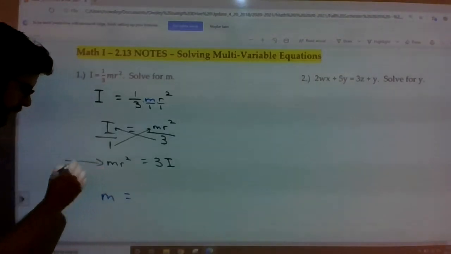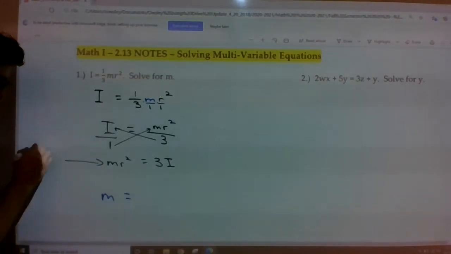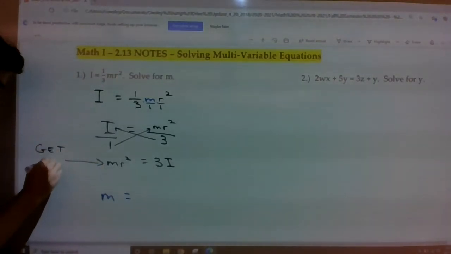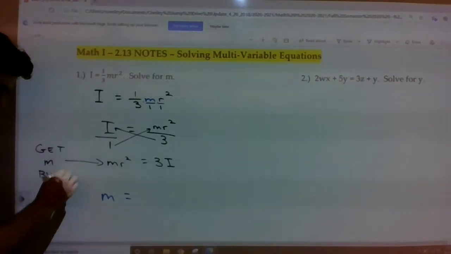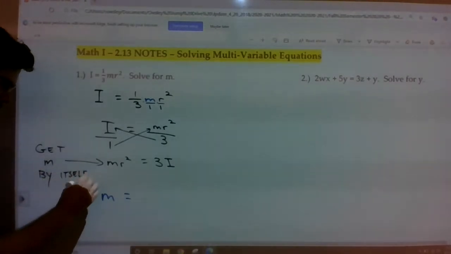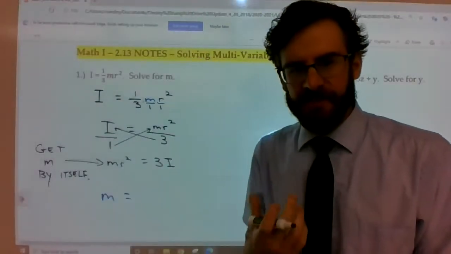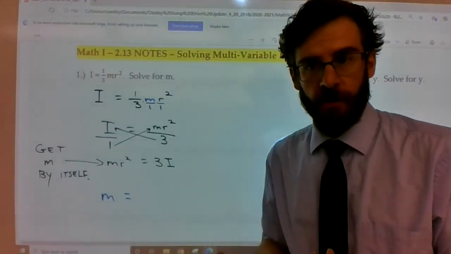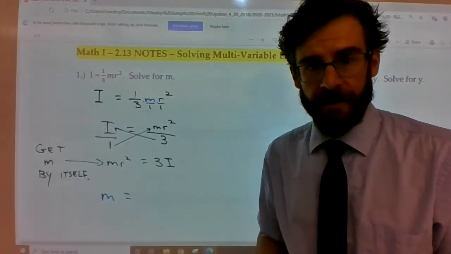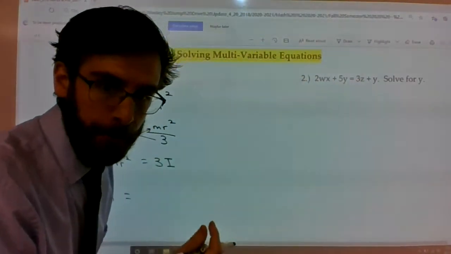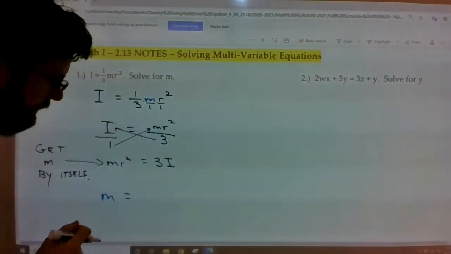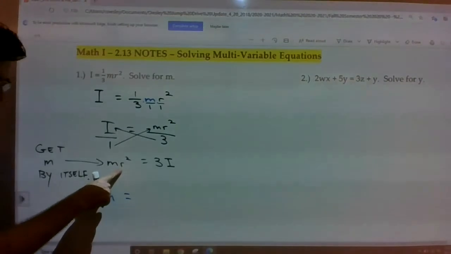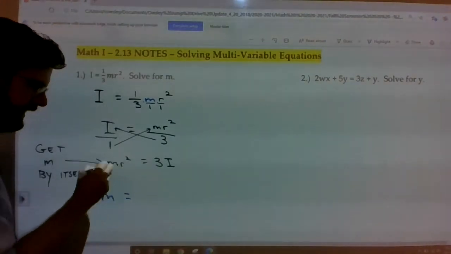All right, now remember, we're getting m by itself. So usually what's the last move when we solve an equation for x or for y or whatever? You divide by the number multiplied by that variable. So r squared here is being multiplied by m.